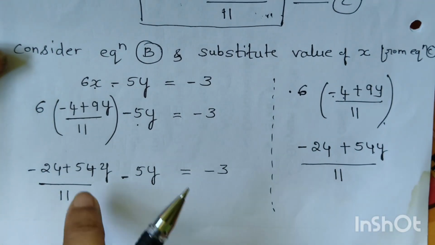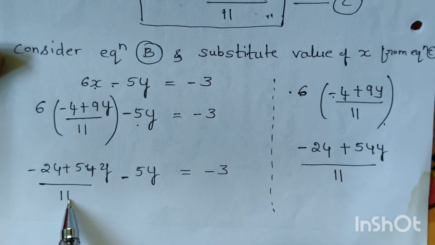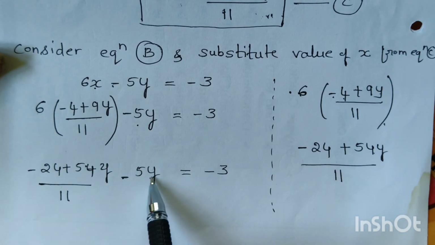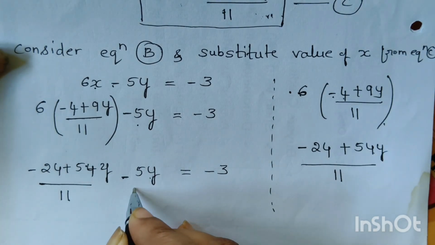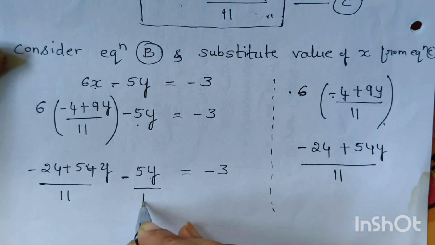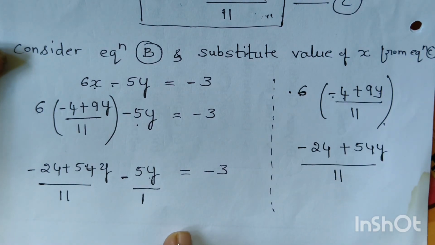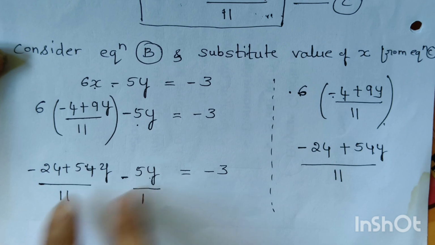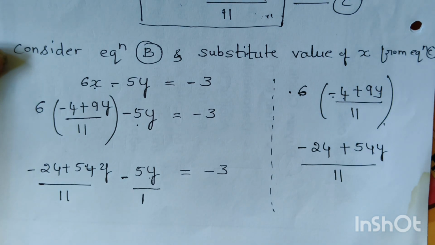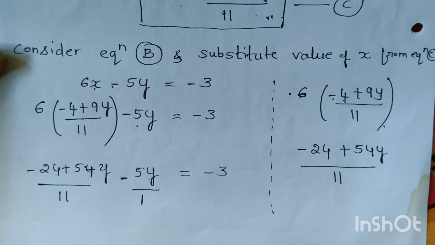Now look at this. Here we have numerator and denominator. But here we have only numerator. So nothing is in the denominator, meaning I can consider it as 1. Right? Now we want to subtract these two terms. So we have to take the LCM to equalize the denominator.